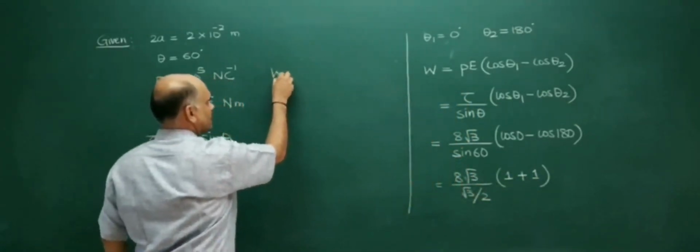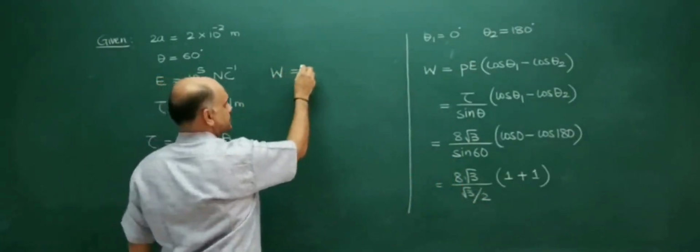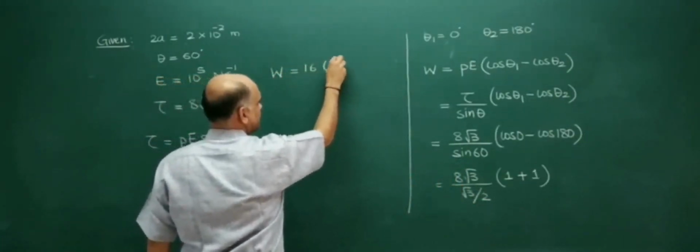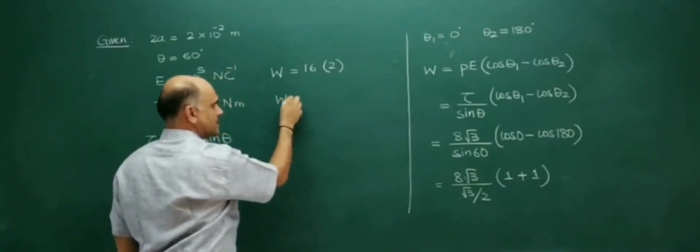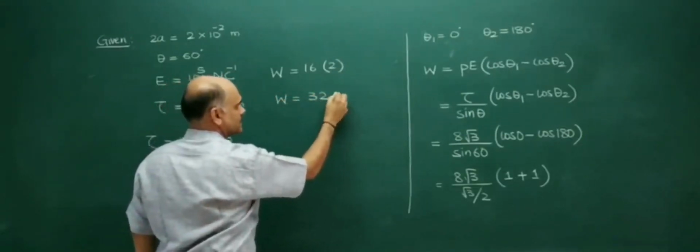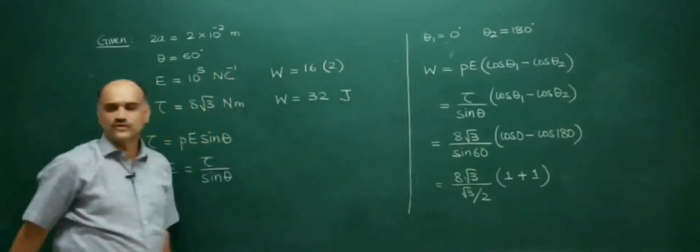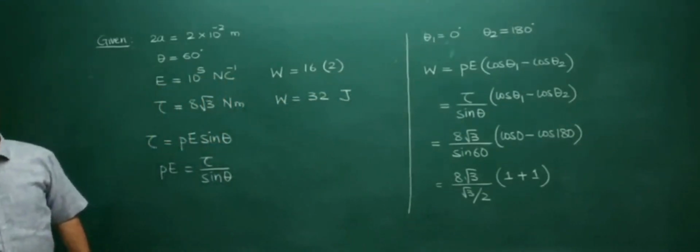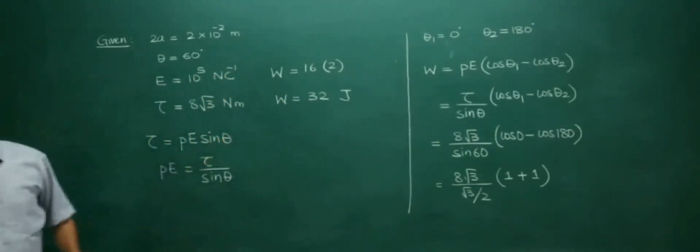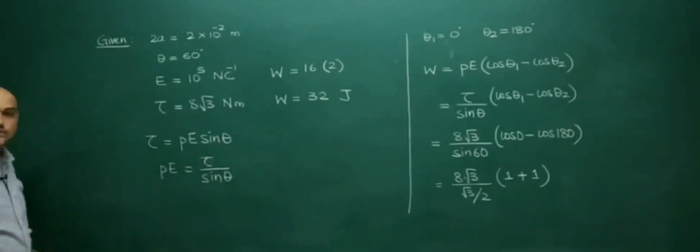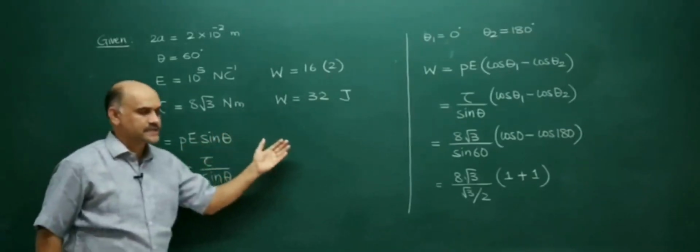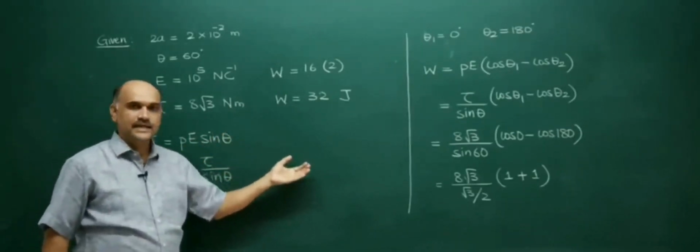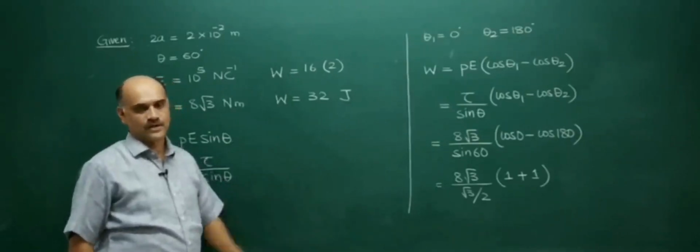So you'll have work done equal to 16 into 1 plus 1, which is 2. So work done is equal to 32 joule. Clear, students? Okay. So again in the next session we'll see capacitors. Okay. Thank you.